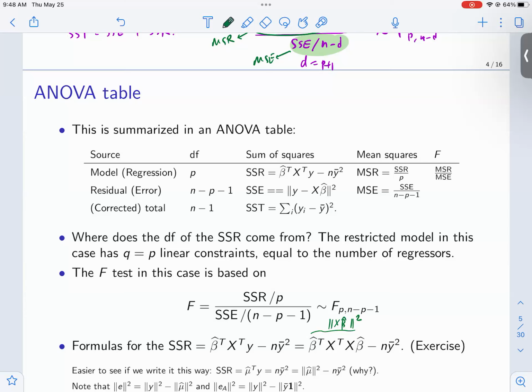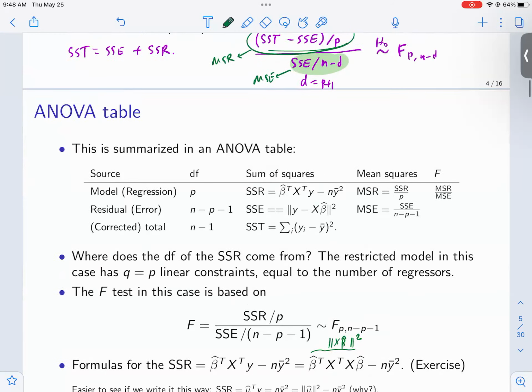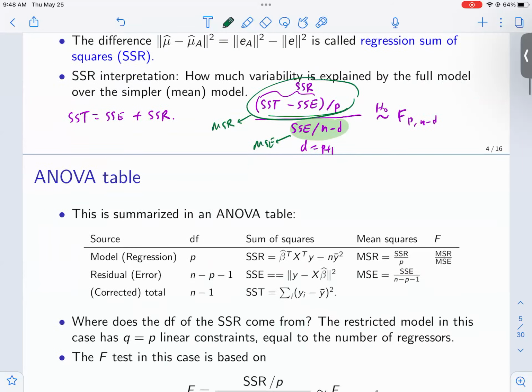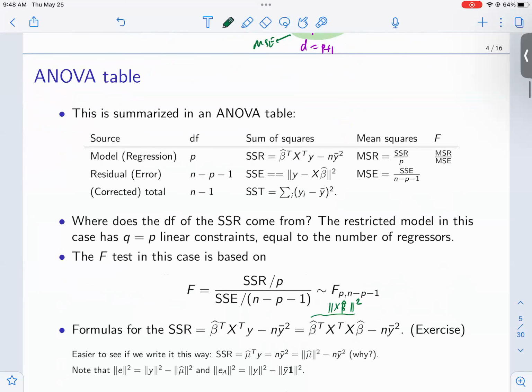Someone wrote it like this, and people like to use it. It's just a summary of these quantities. You don't have to work with it as long as you understand what you're doing. You can just write this down in one go. But you see in R some of the commands produce something like that.